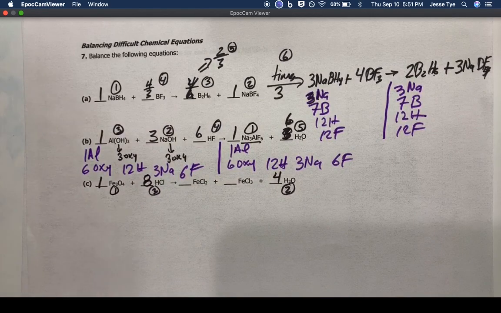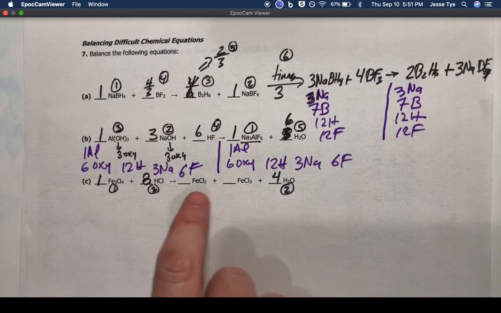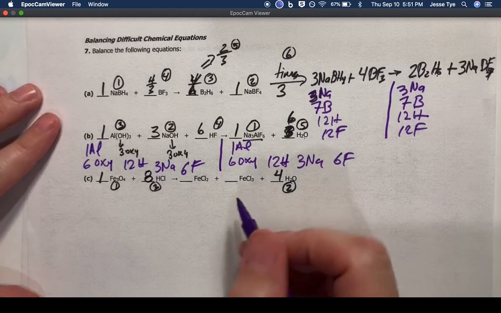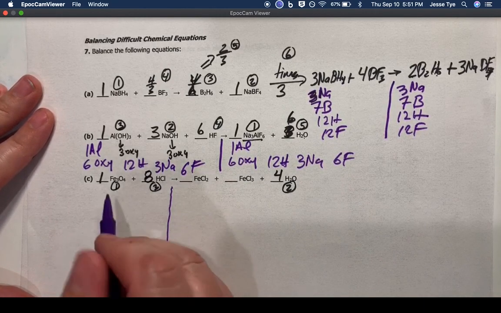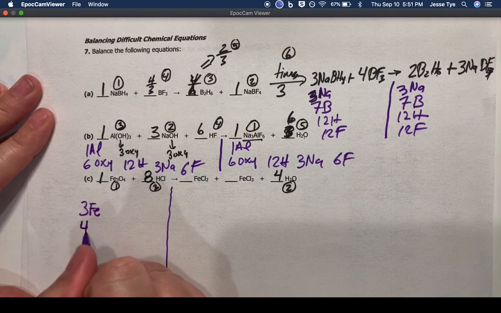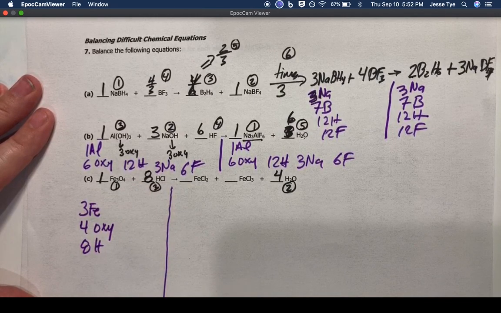And now is where it becomes complicated. So we have committed to 8 chlorines. Both of these have chlorine, so chlorine is in 3 places, and iron is in 3 places. And so we actually have to go back to that old school method to figure part of this out. So we've committed on this side to 3 irons and 4 oxygens and 8 hydrogens and 8 chlorides.